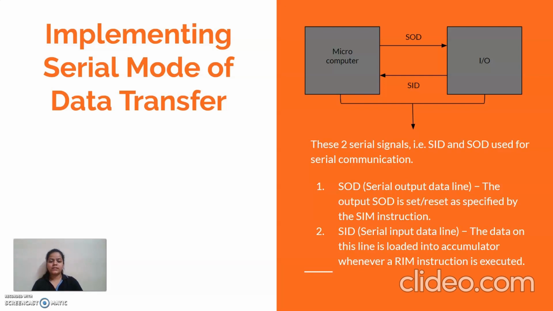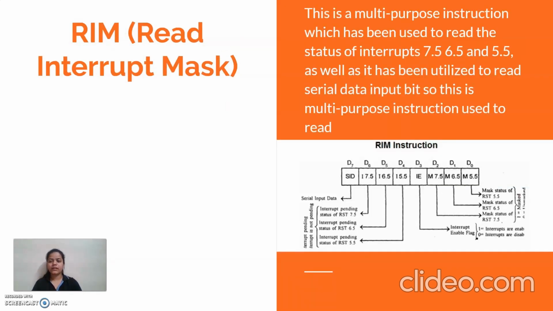Let us see what the SIM and RIM instructions are. RIM, read interrupt mask. This is a multi-purpose instruction which is used to read the status of interrupts 7.5, 6.5 and 5.5, as well as to read the serial data input bit. This instruction loads 8-bit data into the accumulator as shown in the figure.